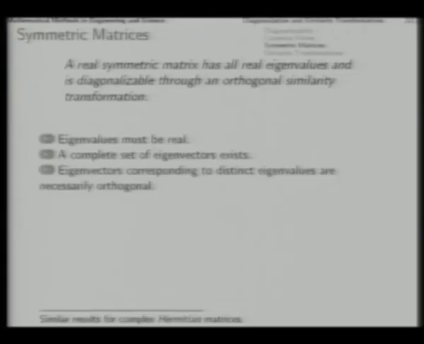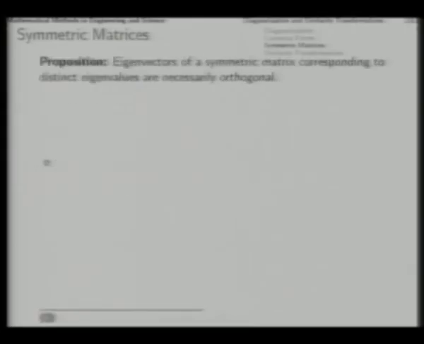First, we say that eigenvectors corresponding to distinct eigenvalues are necessarily orthogonal. So here the proposition is that eigenvectors of a symmetric matrix corresponding to distinct eigenvalues, unequal eigenvalues, are always orthogonal. They must be orthogonal.